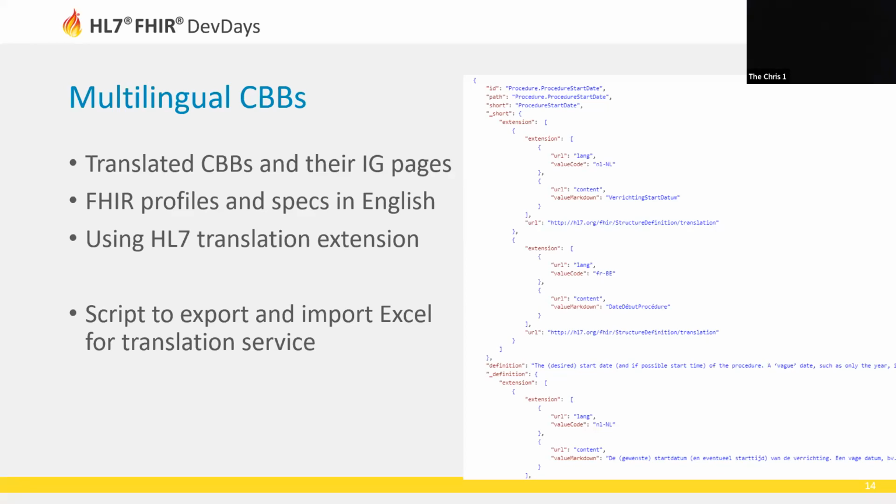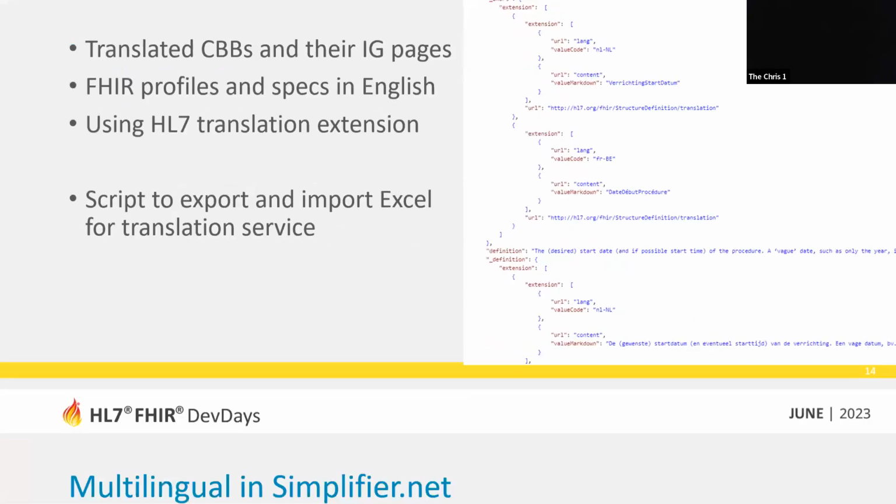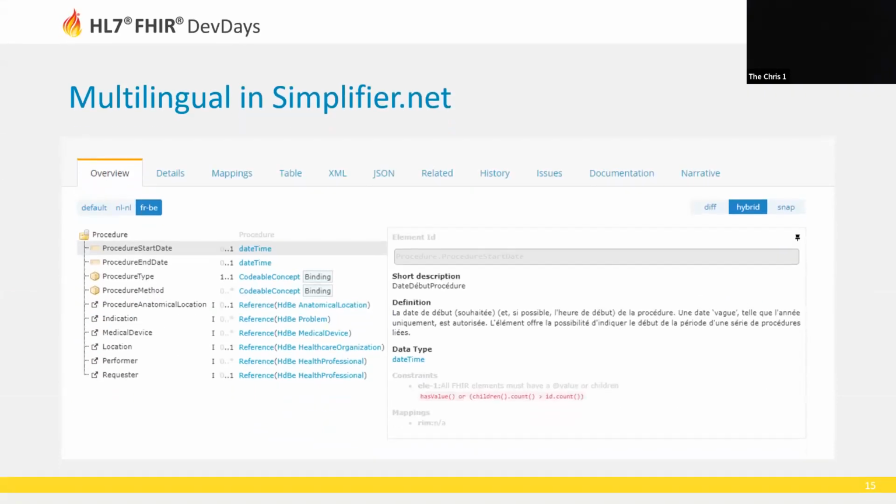And we created a little script to export all these fields into an Excel, then give it to a translation service, and then import it again into our logical model. That works very well. And since a release coming up in SimpliFIR, we will have the translations being able to render over here as well. So hopefully next month SimpliFIR supports multilingual stuff. And also the implementation guide will be built based on what's present in those extensions.